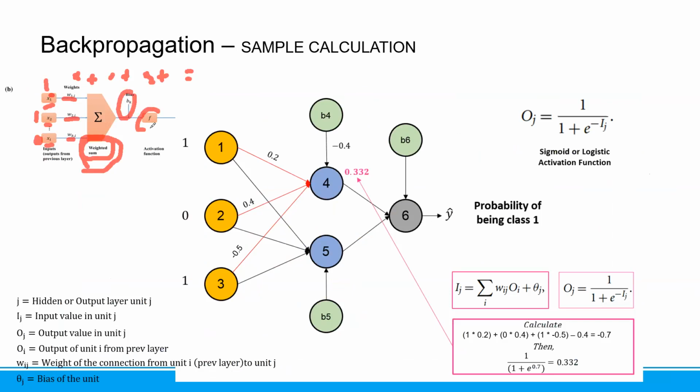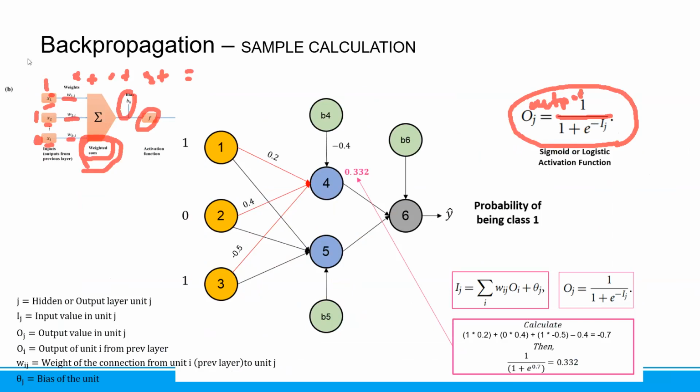We did not consider the activation function in the previous example. So today we are going to use one activation function. We call it the sigmoid or logistic activation function. Oj means the output. The output will be 1 divided by 1 plus e, the natural number, to the power of minus Ij.